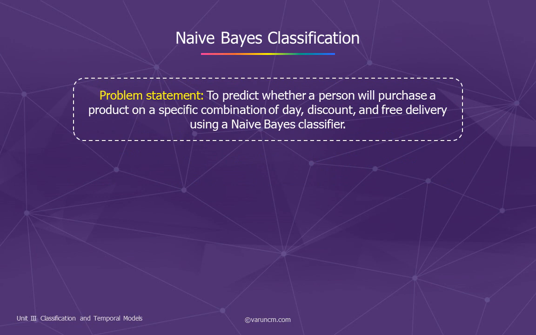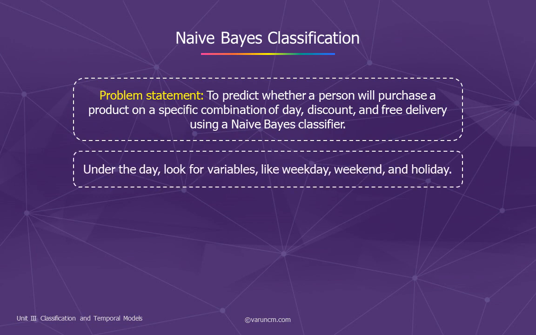For that, let me consider a problem statement: to predict whether a person will purchase a product on a specific combination of day, discount, and free delivery. We are going to do this using the Naïve Bayes classifier. What are all the variables here?